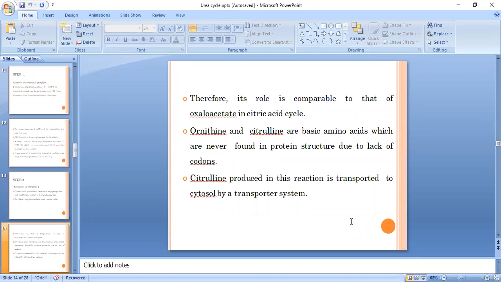And this citrulline, whatever is produced, is now transported to the cytosol by a transporter system, from the mitochondrial space to the cytosol.